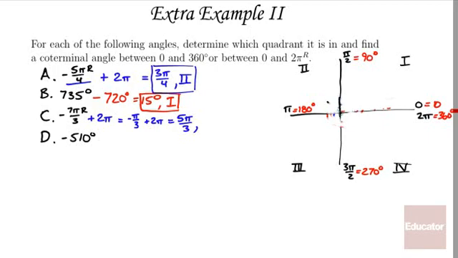I'll show you where 5 pi over 3 is. If you go between pi and 2 pi, there's 4 pi over 3, there's 5 pi over 3, and so 5 pi over 3 is right there. That's clearly in the fourth quadrant.